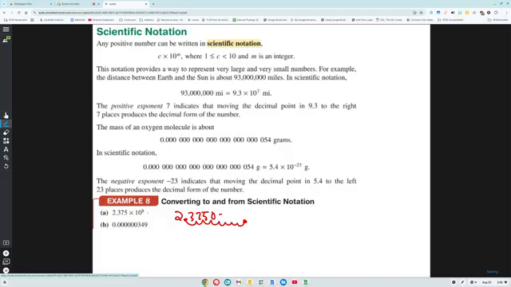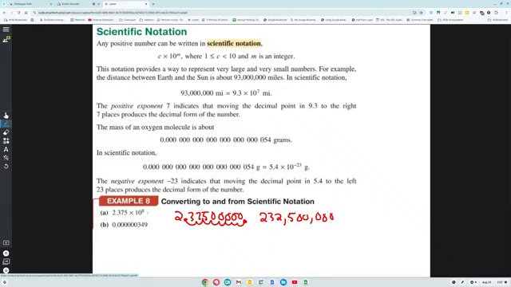Which means my decimal place would now be all the way over there. So if I wanted to write this as a decimal, it would be 237,500,000. There we go.